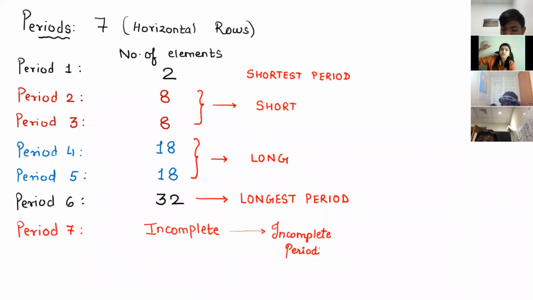So shortest, short, long, longest, and then incomplete. Depending on the number of elements which are there, we will write the names of the periods.